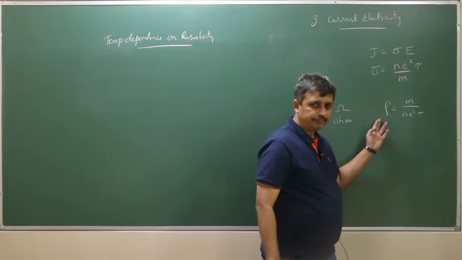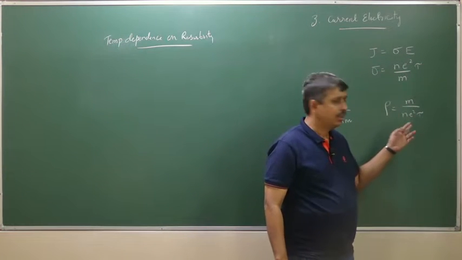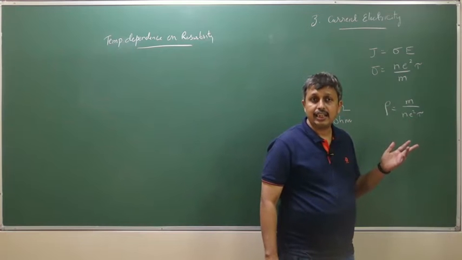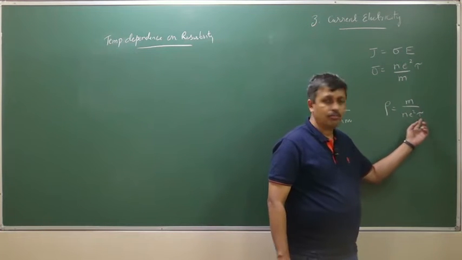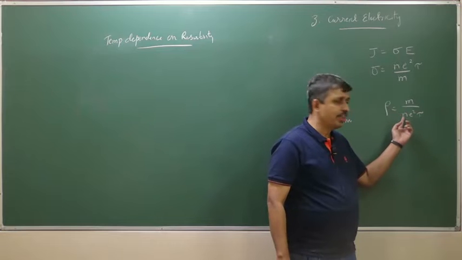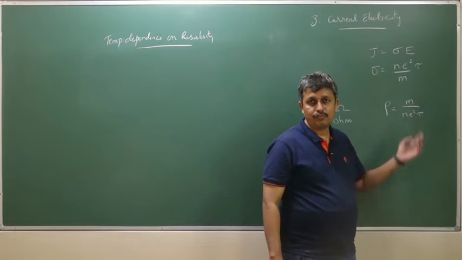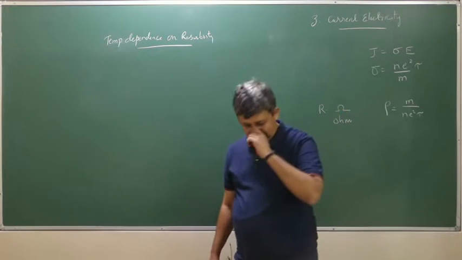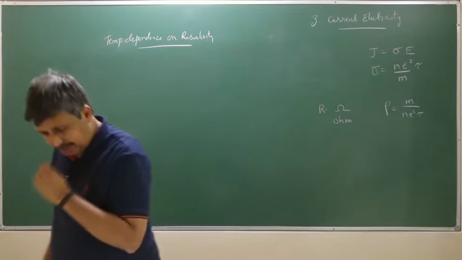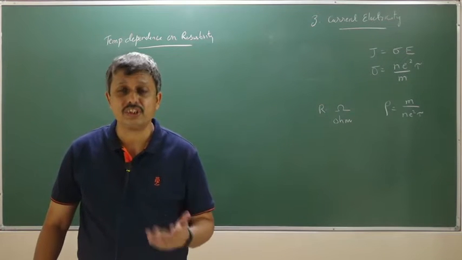Resistivity depends on m and e squared, which are the mass and charge of the electron. That cannot change. So what can change is n and tau. n is the number of charge carriers, electrons, in a unit volume, and tau is the mean time between collisions.